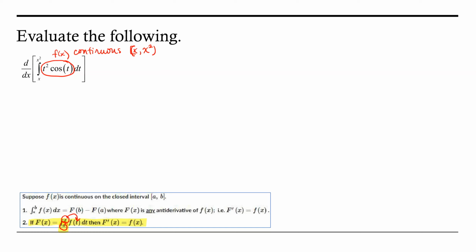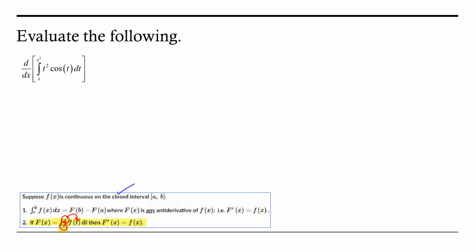Well, the product of t squared and cosine of t, a polynomial times the cosine function, is continuous everywhere. So it doesn't matter what x is, this function will be continuous on the interval from x to x squared. So we've verified that our function is in fact continuous on the interval represented by the limits of integration.